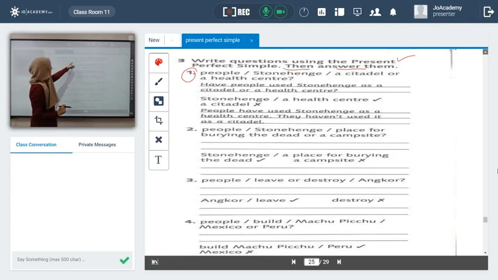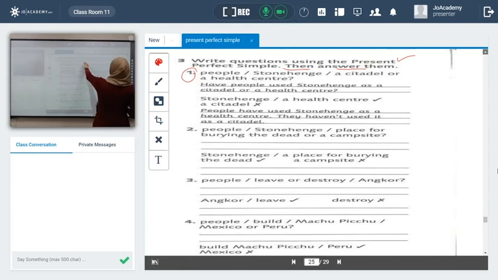People, Stonehenge, a citadel, or a health center. The question is, have people used Stonehenge as a citadel or a health center?